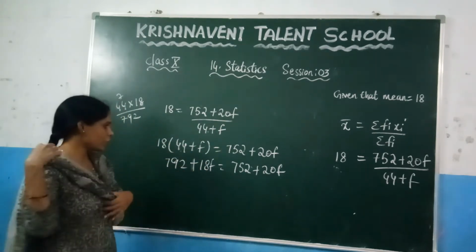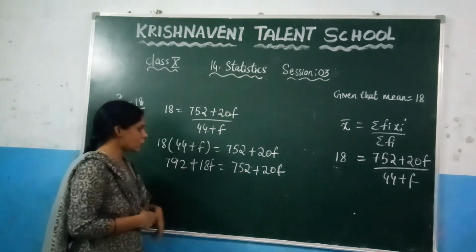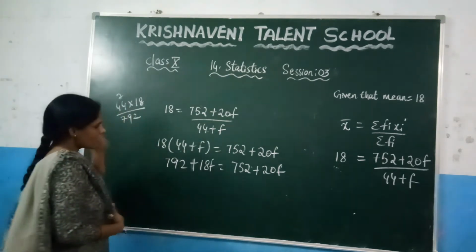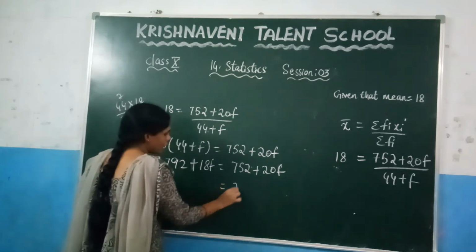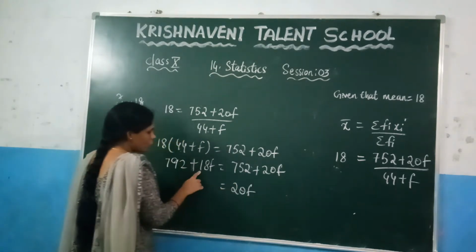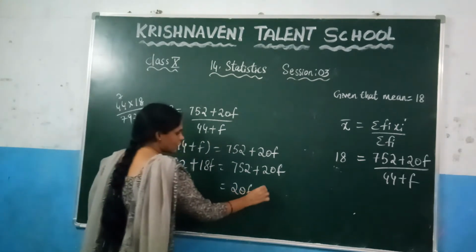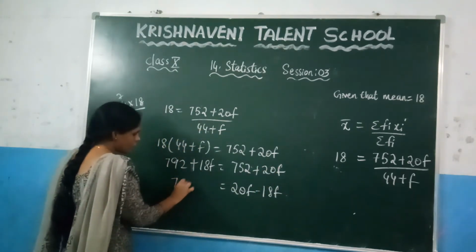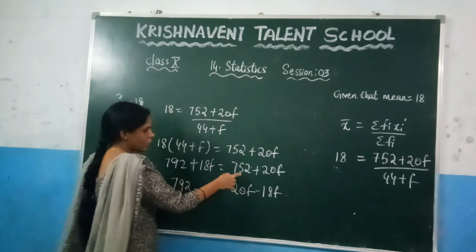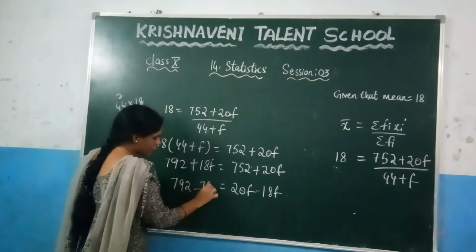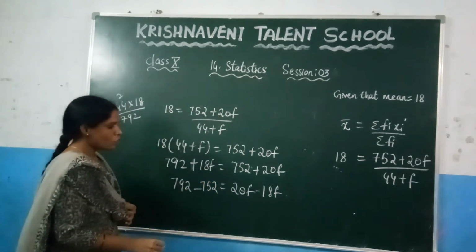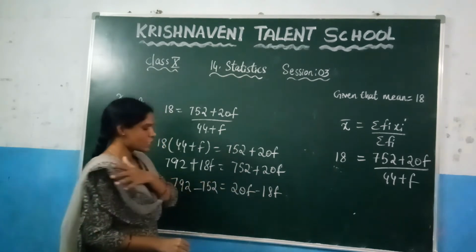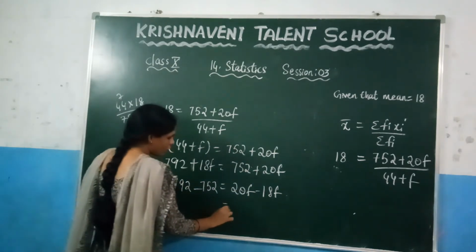Now here you need to write all the variables to one side and all the numbers to the other side. So write 20f here. If you take plus 18f to that side, it will become minus 18f. Similarly, what is the number left out? 792 minus, if you take this value to this side, it will become minus 752. Now, what is the value of 20f minus 18f, which gives you 2f?